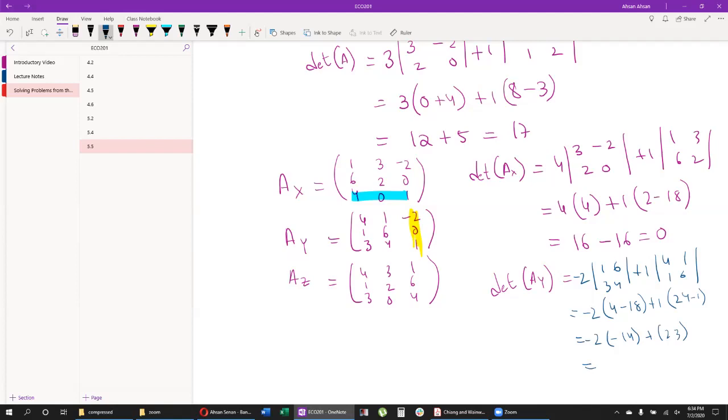So this gives us 28 plus 23. Okay, so that gives us 51.